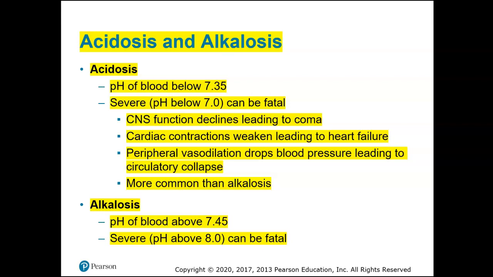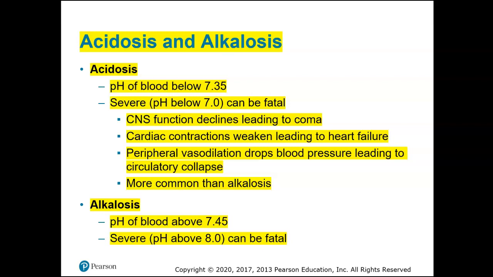That's probably the most common cause of acidosis: when a diabetic's blood glucose levels have been high for an extended period of time and they are producing ketones in their blood, they can go into acidosis and into a coma.